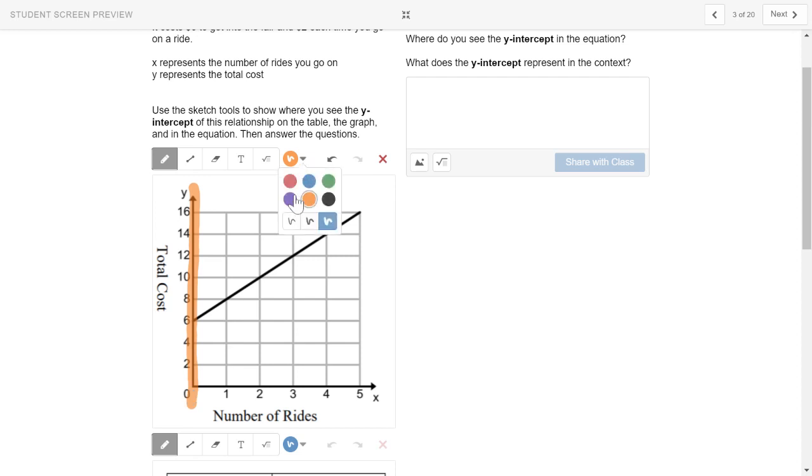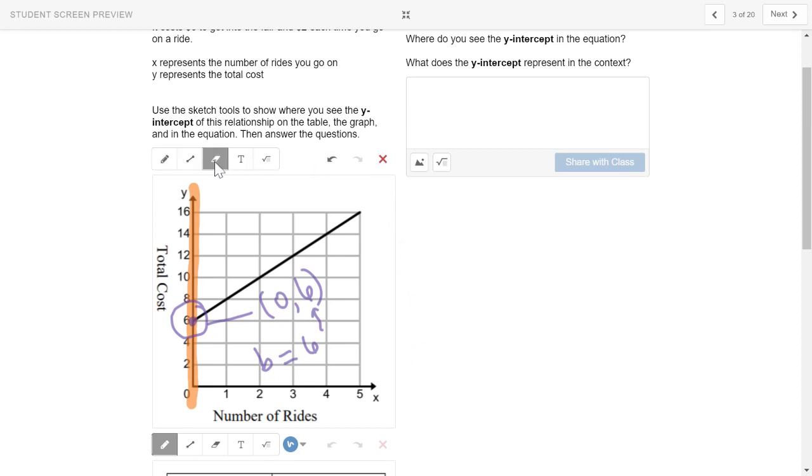So then the y-intercept is this point right there. That's the y-intercept, which is the point (0, 6), because that's where the line crosses the y-axis. So this means that the b value is 6, because it's the number right there.